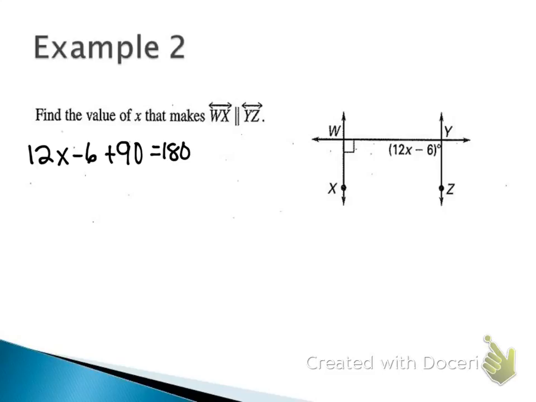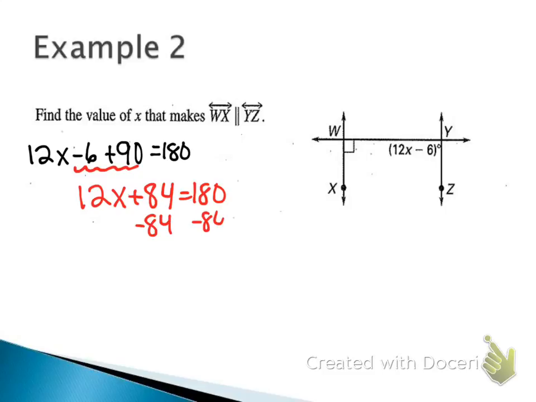Now, careful here, when you combine like terms, you have to remember that's a negative 6 plus 90. You can just write the equation if you want. Alright, so I need to subtract 84 from both sides. So I have 12x equals, what's that, 96?